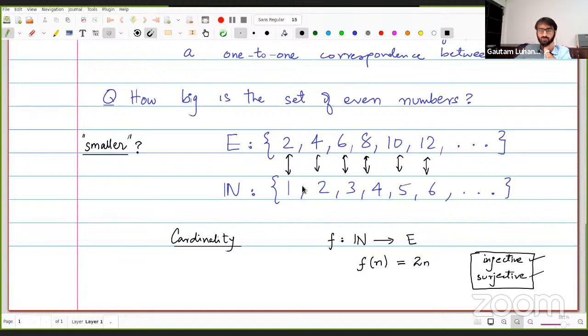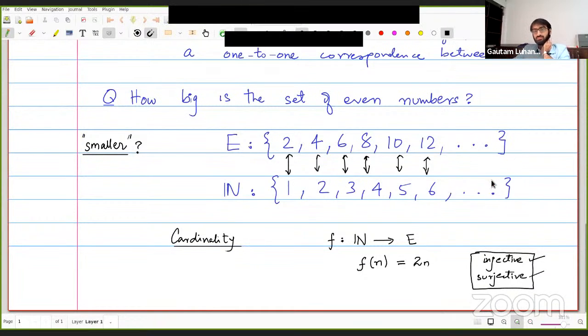But from an intuitive point of view, you can see it even though I've not drawn or written down an infinite number of elements. You could argue that at some point this mapping might break down because you haven't written down the infinite number of elements.